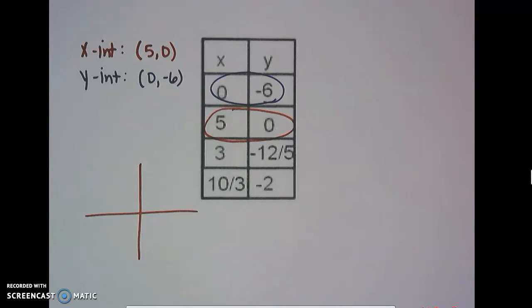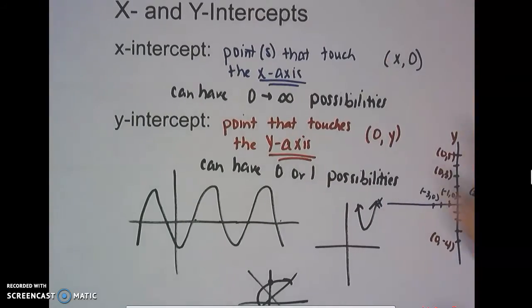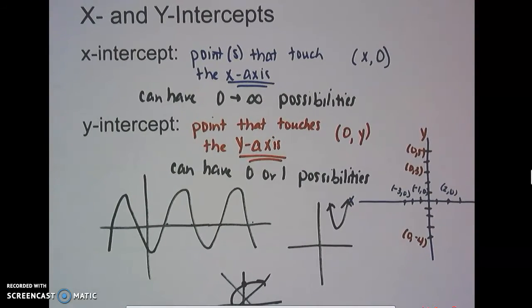Okay, so x-intercepts, just to reiterate one last time, x-intercepts are points that touch the x-axis. So it's going to have some sort of number for x and 0 for y. It's kind of backwards from what you think. X-intercepts are going to have a y value of 0, and y-intercepts are going to cross the y-axis. That means it's going to be 0, some number y. So it's a y-intercept, which means the x-coordinate is going to be 0.